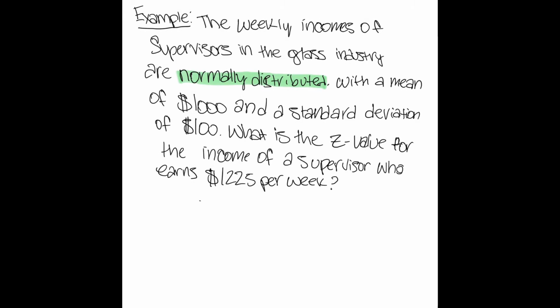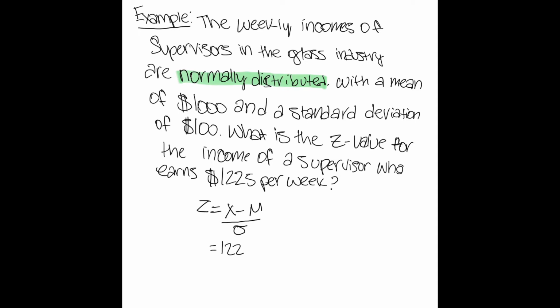That keyword normally distributed is going to let us know that we need to find the z-score here. So if we take a look at that formula that we learned earlier in the video, z equals x minus mu over sigma. Now we can just plug in the numbers that they have given us in the example that we're working through, and just substitute those into those places.